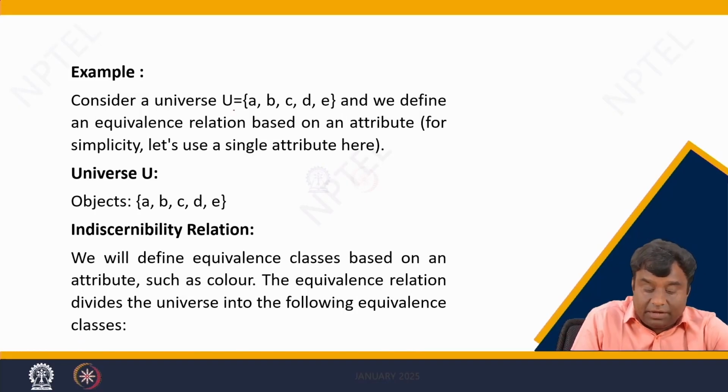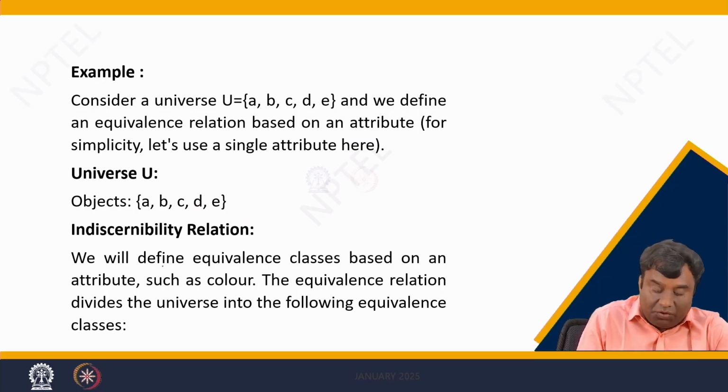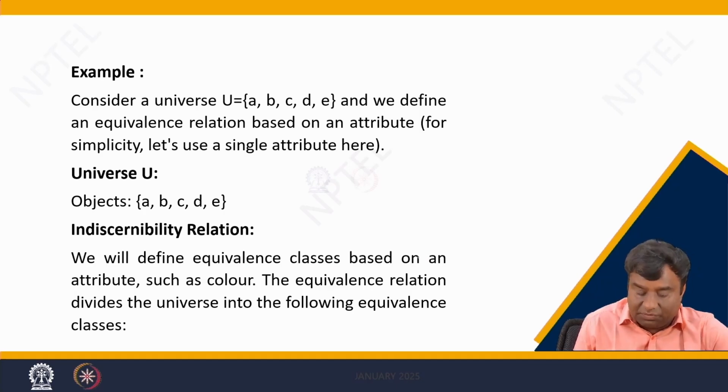Consider a universe of objects, that is U: A, B, C, D, E, and we define an equivalence relation based on an attribute. For simplicity, let's use a single attribute here. In indiscernibility relations, we define equivalence classes based on an attribute such as color.